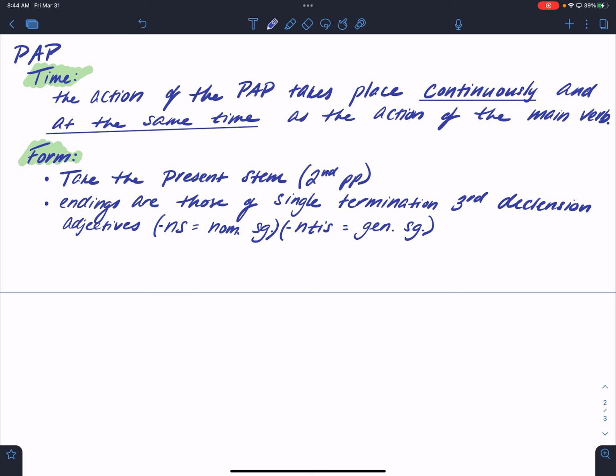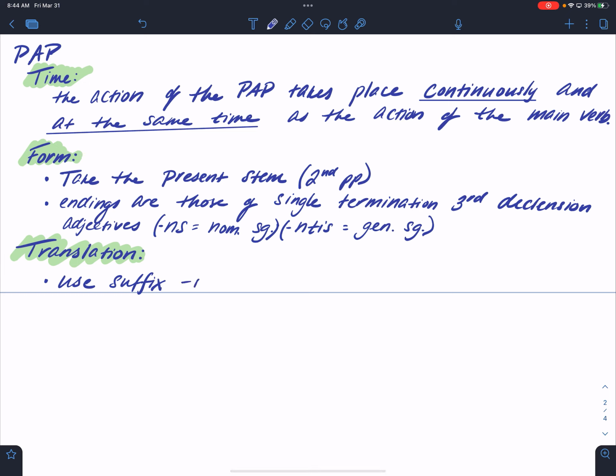Before we jump into that, let's talk very quickly about translation. So the translation of the PAP, plain and simply, uses the suffix. You know what a suffix is, right? It goes on the end of a word. What's the thing that goes on the beginning of the word?